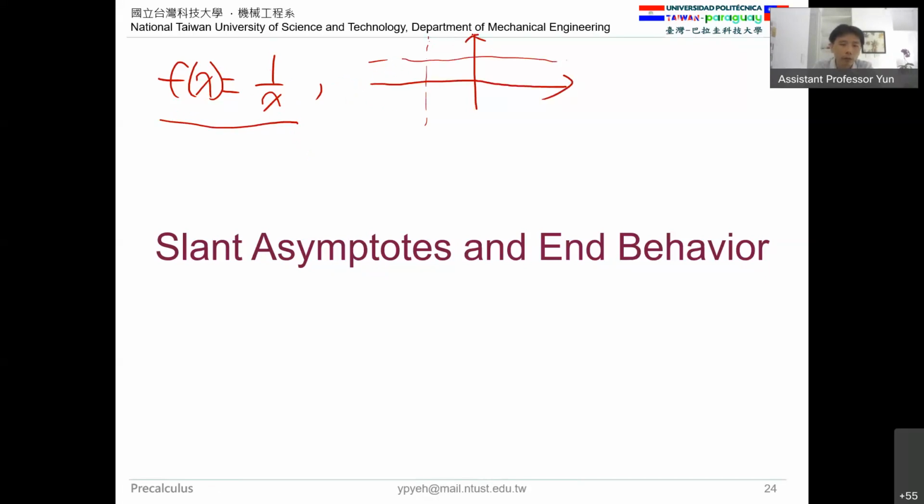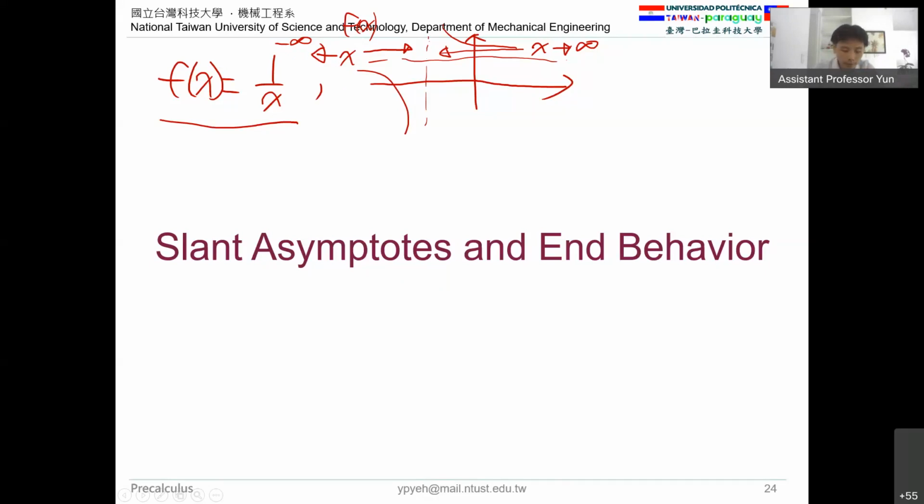And from the graph of this function we find some of the end behaviors: when x approaches infinity, or when x approaches certain zeros or vertical asymptotes, when x approaches the left-hand side of the asymptotes, and when x approaches negative infinity, and see what f of x represents. That's some basic knowledge of the graph of rational functions.